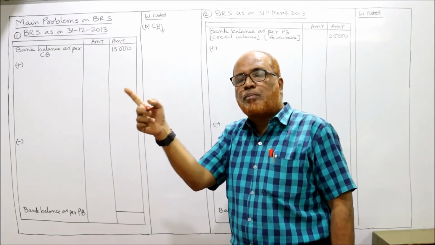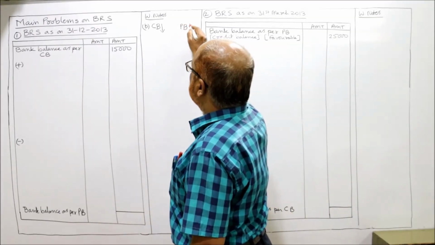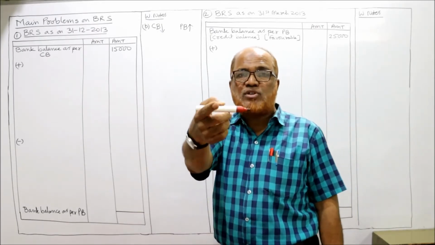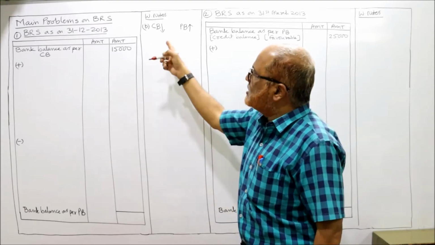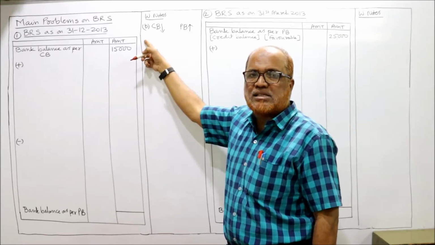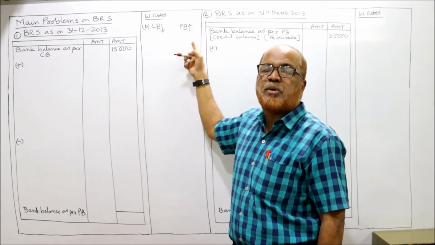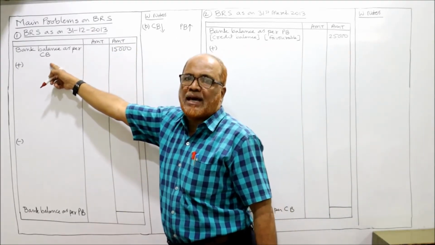But the check was not presented to the bank for payment. So the passbook balance is still showing more balance, because the check which we have issued has not been presented for payment. This is the situation. When we issue the check, the cash book balance has decreased, but the passbook balance is still showing more balance because the check was not presented for payment. Now what is our starting point? Cash book.